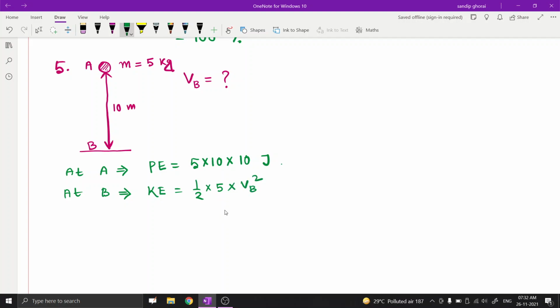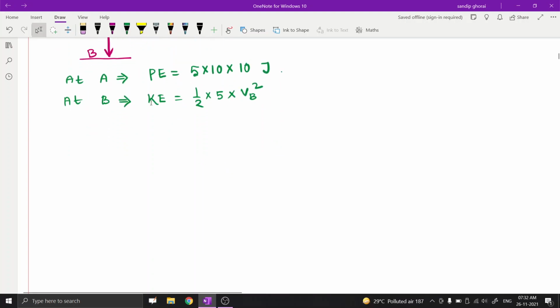Okay, and according to the conservation of energy rule, we can say that potential energy is equal to kinetic energy. That means half into 5 into vb square is equal to 5 into 10 into 10.